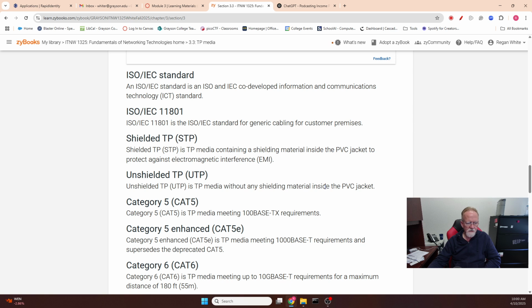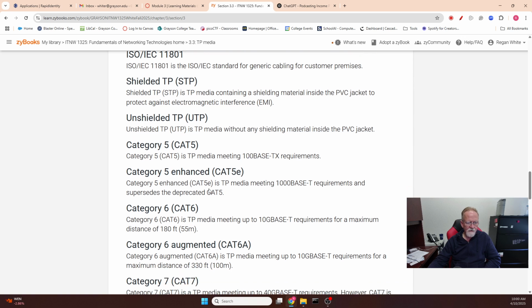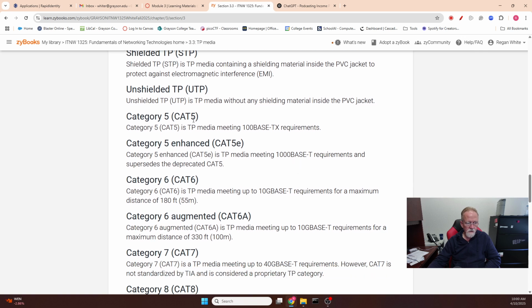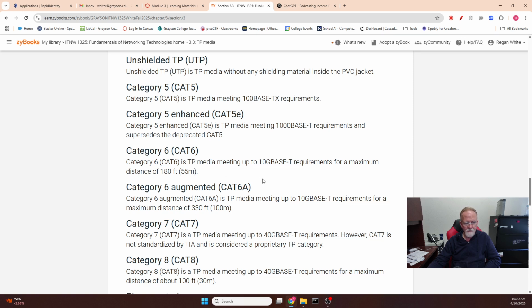There's no shielding material. Category 5, that is 100BASE or 100 megabit standard cable. Cat 5e will go up to a gigabit. Usually nobody uses Cat 5 anymore. Cat 6 will go to 10 gigabits. Cat 6 augmented, or Cat 6A, will go up to 10 gigabits for 330 feet versus 180 feet for Cat 6.